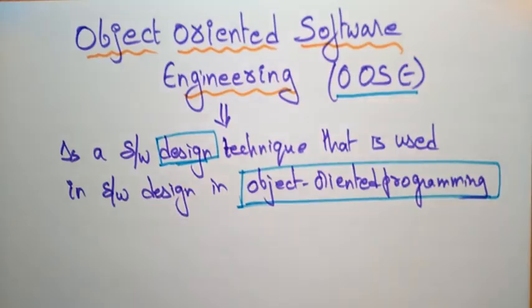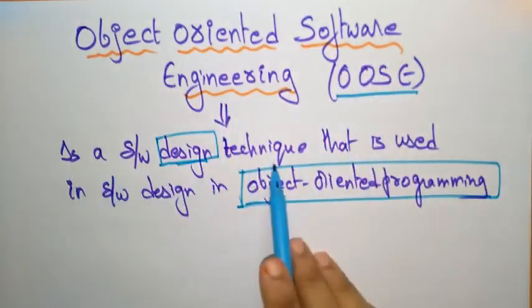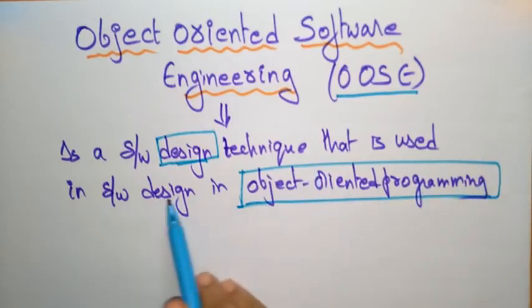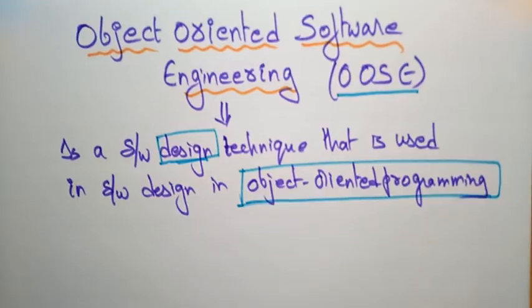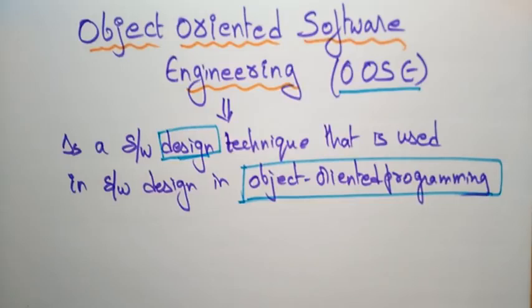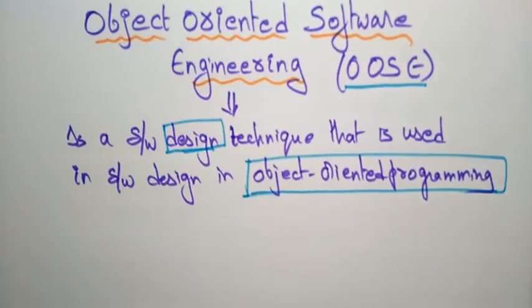Here we are not implementing anything and not writing any code. We are just designing. So only for object oriented programming languages we develop a design technique, and we call it object oriented software engineering.